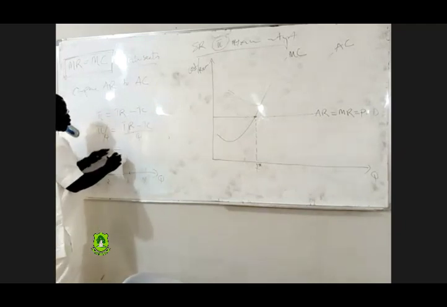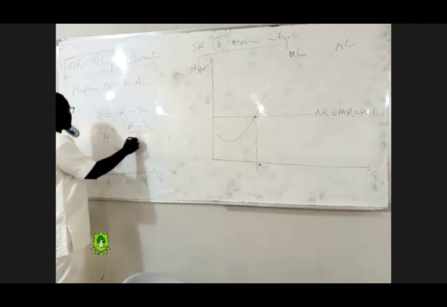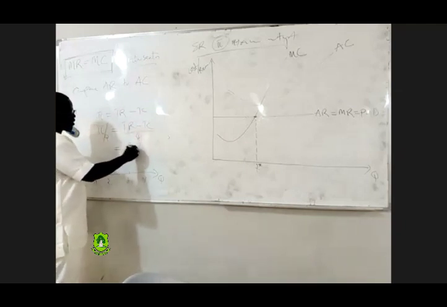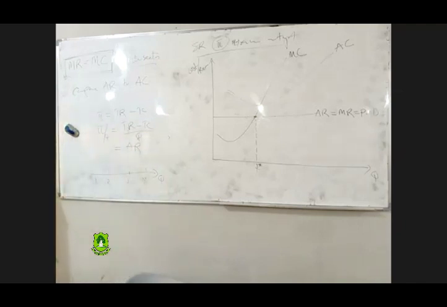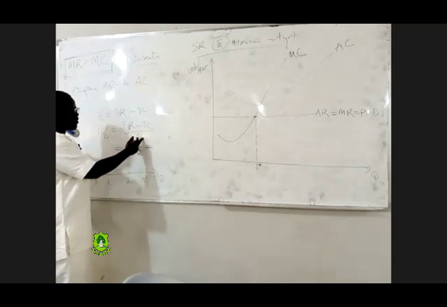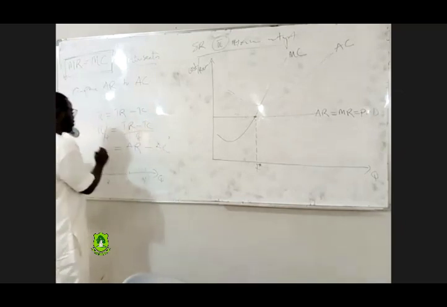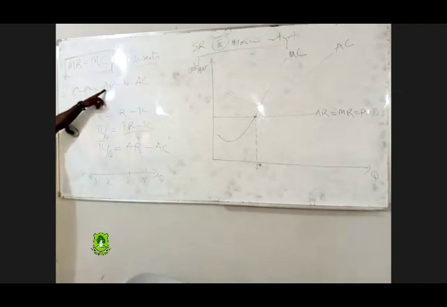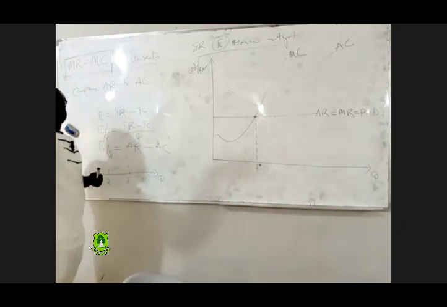So here simply means this divided by this, minus this divided by this. Average revenue minus average cost will give you the profit per unit of output. That is why we are comparing, to be able to know whether you are making a profit or a loss.